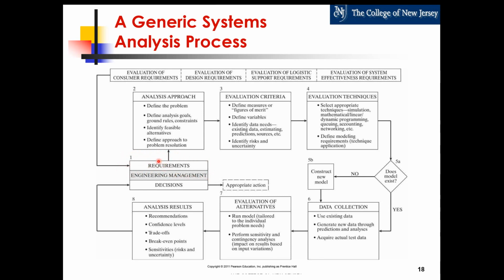Then as you go into your system analysis, it is very important to define what the problem is and what the goals of this analysis are, and you may have many different analyses as part of your preliminary system design. But if we just take one at a time, you can define the problem, the goals and the constraints, the ground rules, and the different alternatives that you're going to investigate, and how you're going to approach the different solutions.